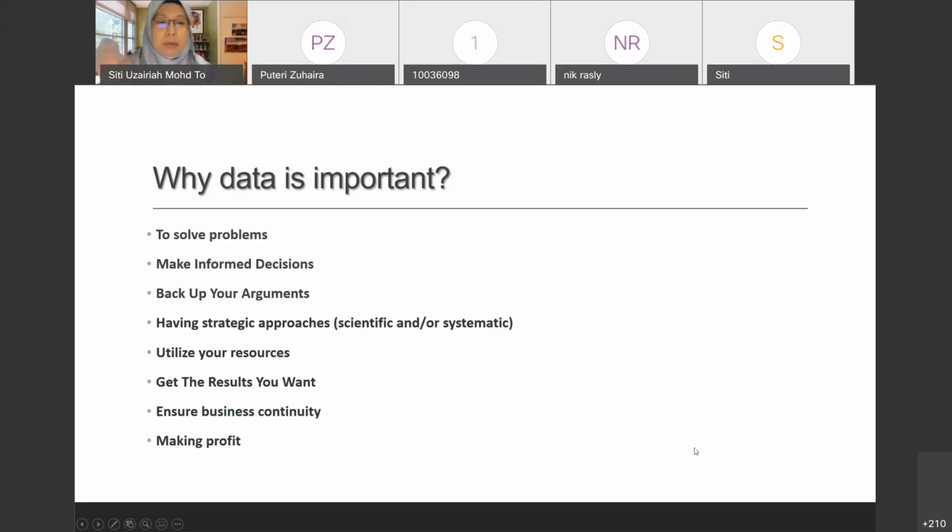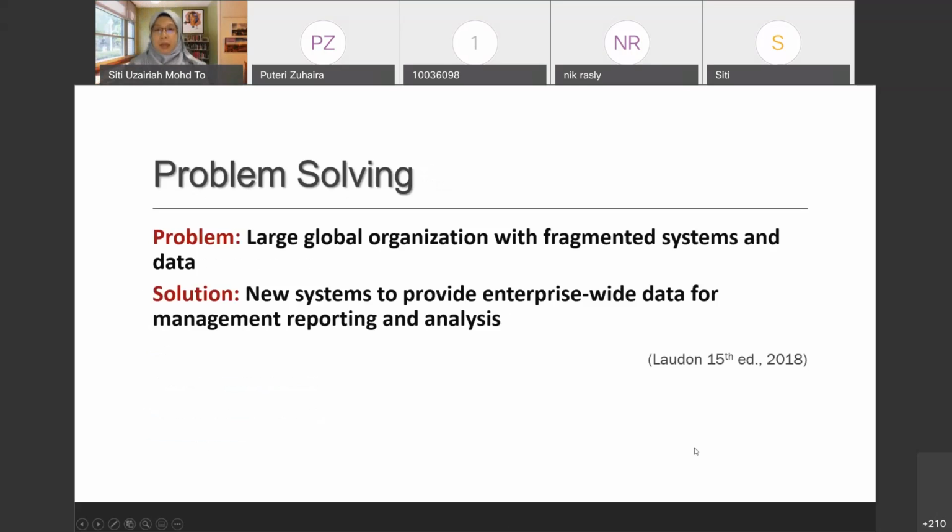Okay, so for example, I'm taking this from a Management Information System textbook. For example, problem solving. Like I say, it's always because of a problem. For example, the problem is: what if a global organization has a fragmented system, or you do not have an online system before COVID?